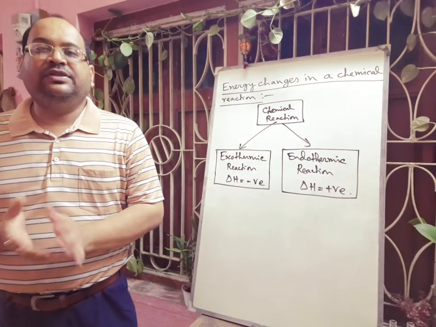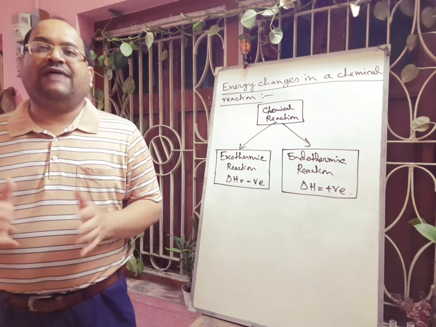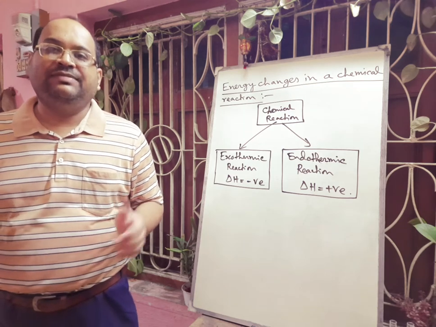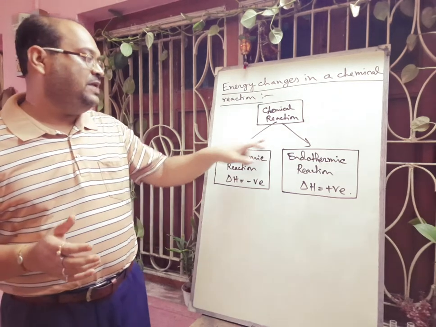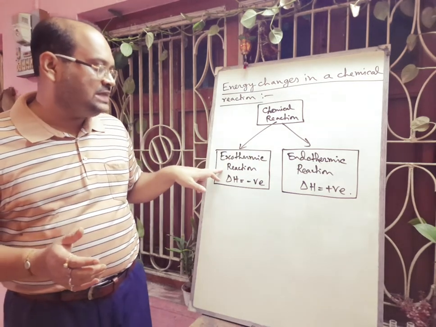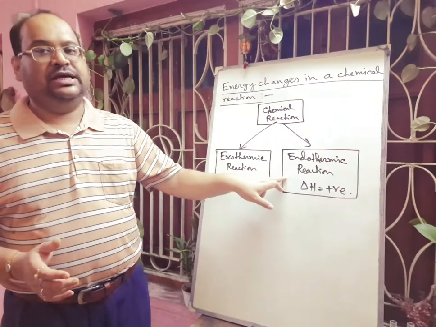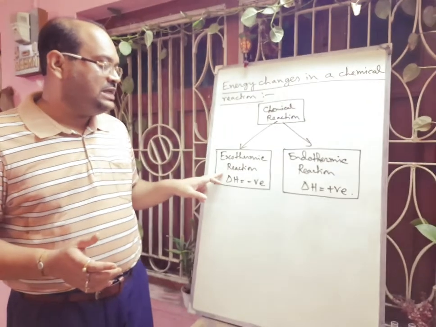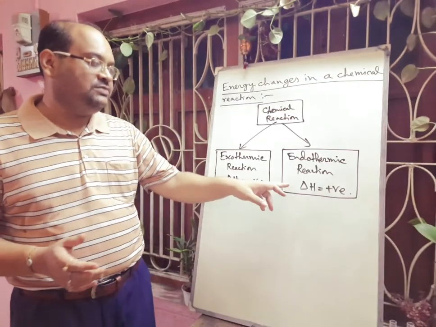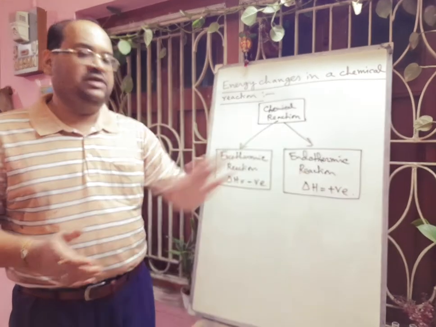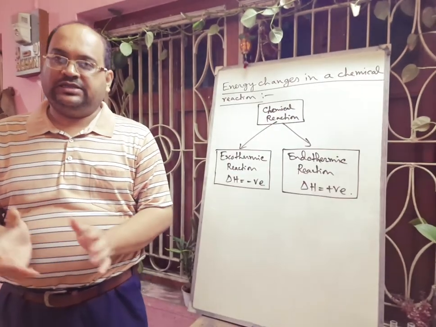Depending upon the energy released or absorbed in a particular chemical reaction, chemical reactions are broadly classified into two categories: exothermic reaction and endothermic reaction. In an exothermic reaction, heat is released, so delta H is negative, and in an endothermic reaction, heat is absorbed, and delta H is positive.